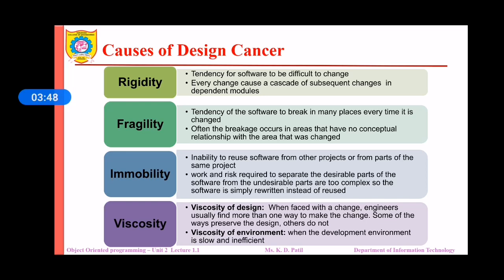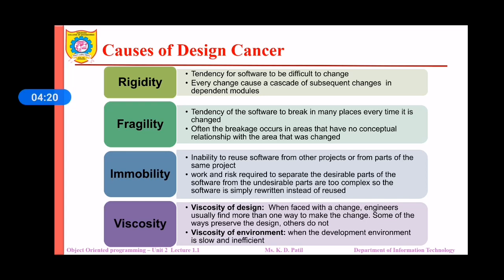Now, let me give you an example. Your system has 5 modules, and according to the customer's requirement, we have made changes in one of the modules. Now, what about the remaining 4 modules? The changes we have made in one of the 5 modules may cause changes in 2 of the remaining modules, because those 2 modules may be dependent upon the module we have changed.